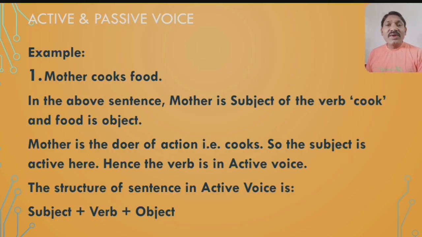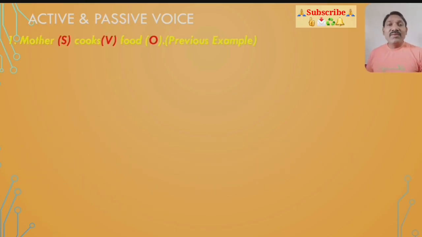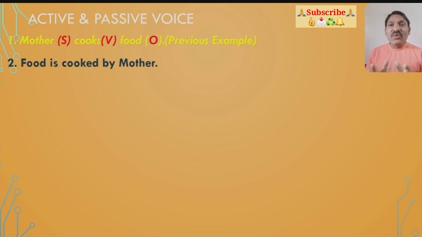Now we are going to understand passive voice with an example. Students, here I have mentioned the previous example, that is mother cooks food. Now the second example we are going to understand here: food is cooked by mother. Now students, understand the structure of this sentence.